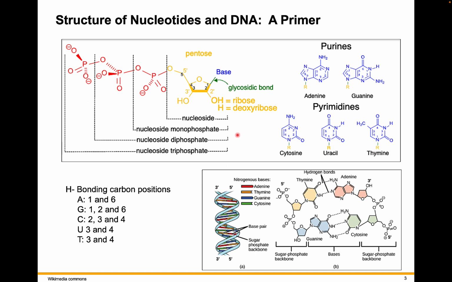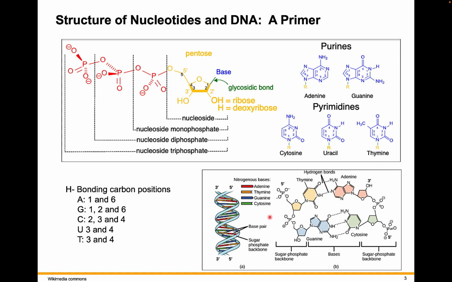So that's basically a base, sugar, and the triphosphate. Now this beta and gamma phosphate, these 2 and 3, are spent in the formation of the phosphodiester bond, and only 1 phosphate is present in a monophosphate form in the DNA or in the RNA.